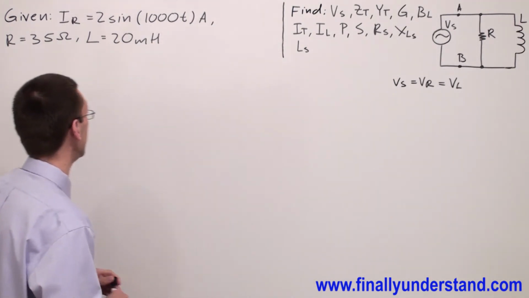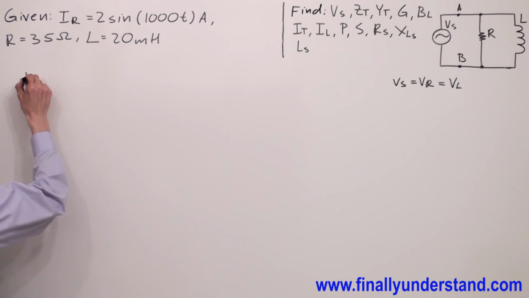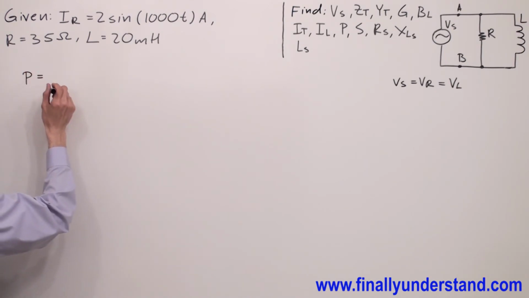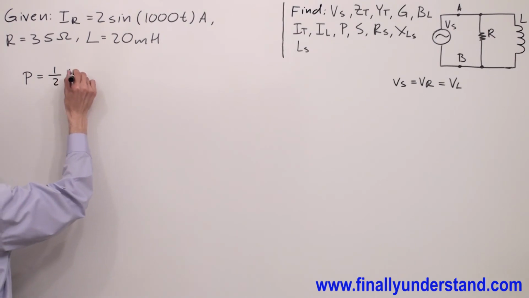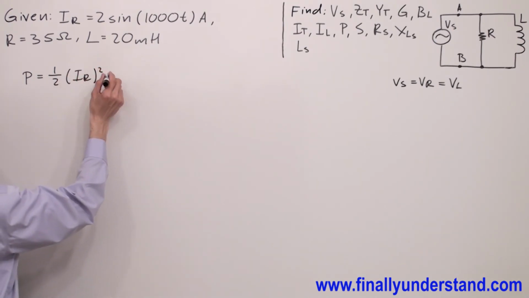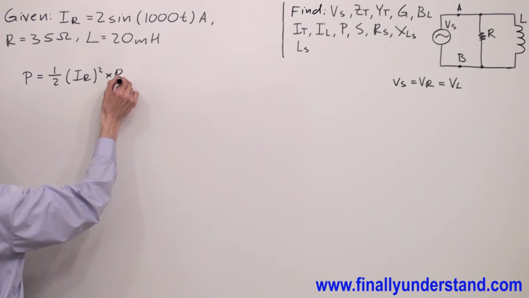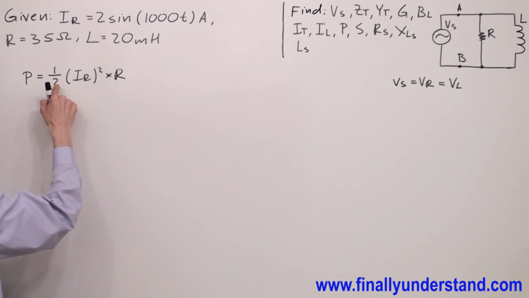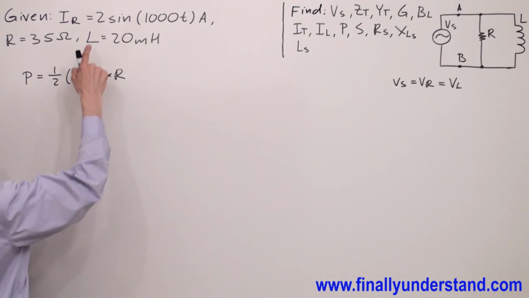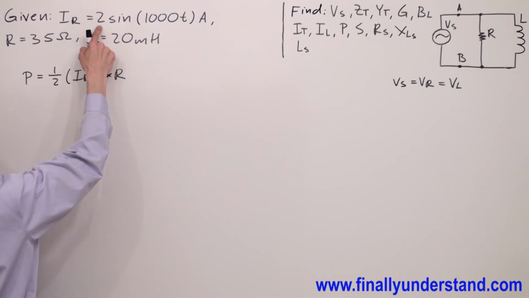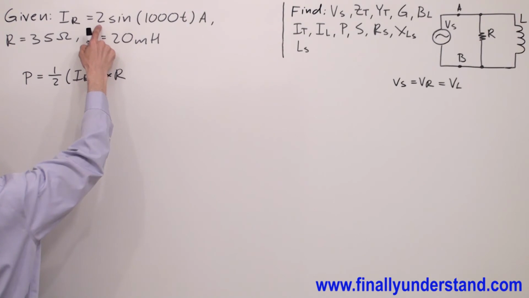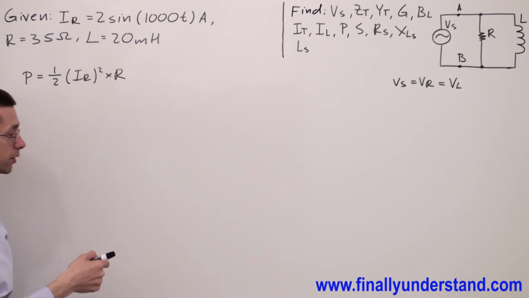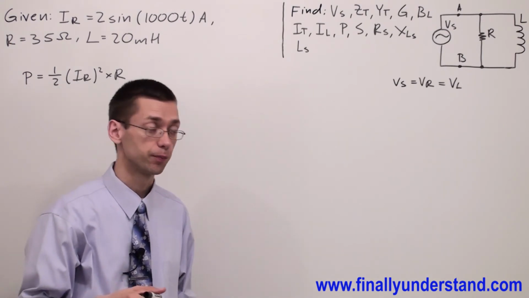Okay, so P is equal to 1/2 IR squared times resistance. Why 1/2? Because we are talking about the peak value of my current. This is the sinusoidal equation, and this 2 represents the amplitude. Amplitude is nothing else, just the current peak.